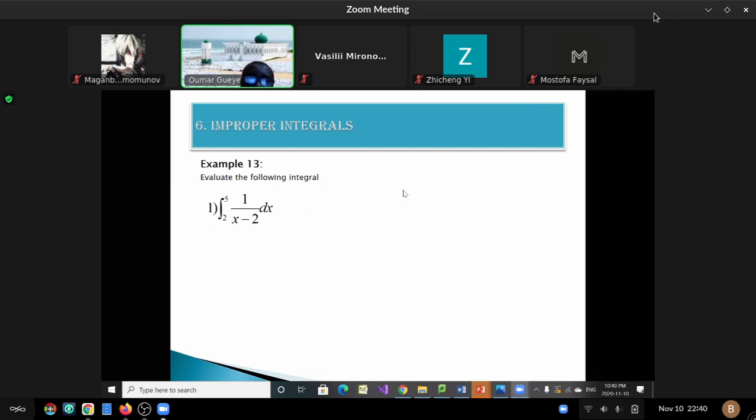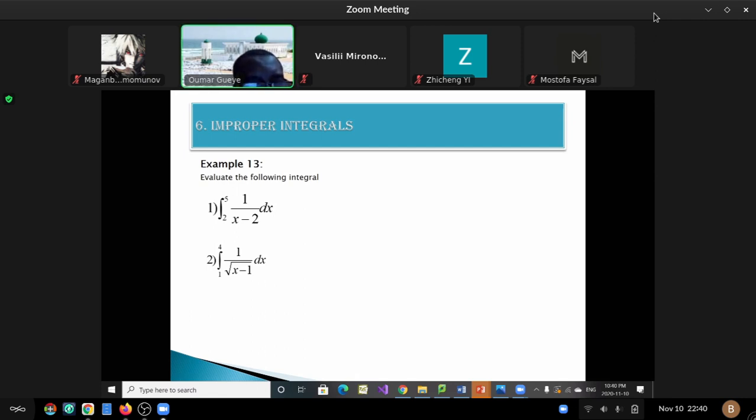Second example. Now we want to integrate from 1 to 4, 1 over root of x minus 1. In this case, you guys can tell me the point where the function is not continuous. At 1. Okay, so be careful.